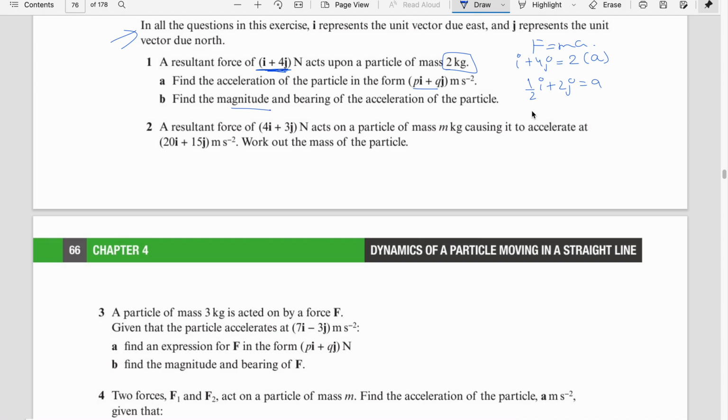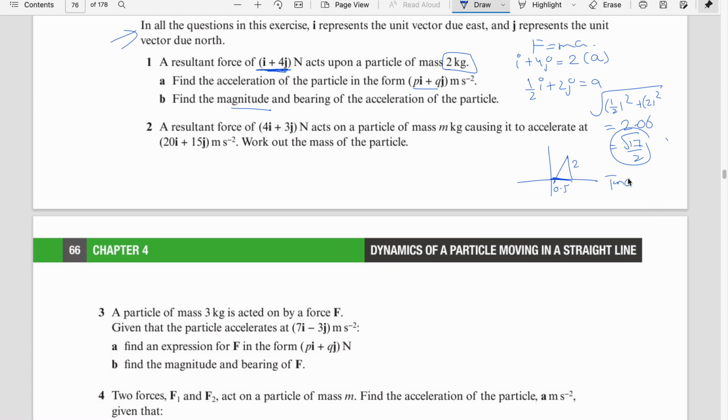Find the magnitude and bearing. Magnitude is 1 by 2 squared plus 2 squared, whole square root. Use of machine, 0.5 squared plus 2 squared, square root. Answer in decimals is 2.06, and exact form is square root 17 by 2. And for the bearing section, horizontally is 0.5, vertically is 2.